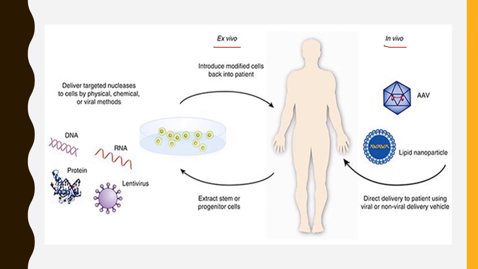In in vivo gene therapy, the virus or the non-virus delivery vehicle which carries the desired gene is injected into the patient's body, and then the virus or the non-virus particle will go to the targeted genes associated with the disease.